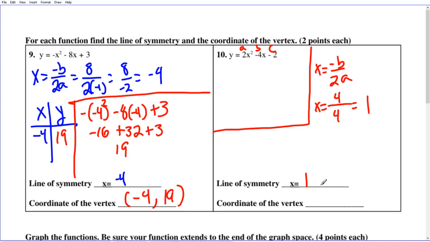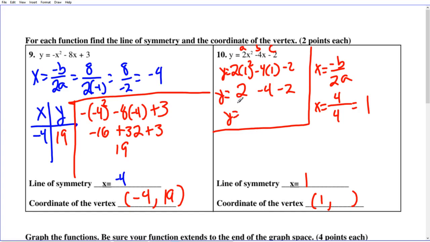Coordinate of the vertex is going to be 1, comma, something. If I plug in 1 for x, I will find my y value. So 1 squared is 1, 1 times 2 is 2. -4 times 1 is -4. And then we math, and that gives me -6 plus 2 is a -4. So my vertex is the point 1, -4.